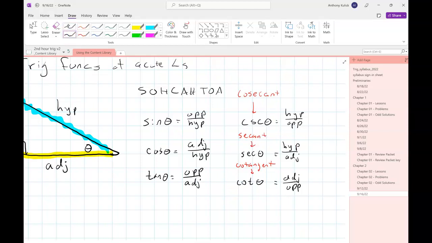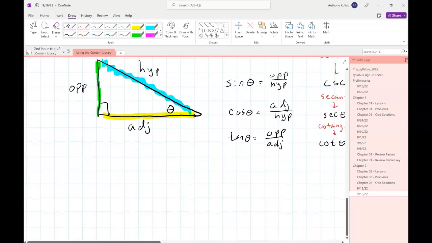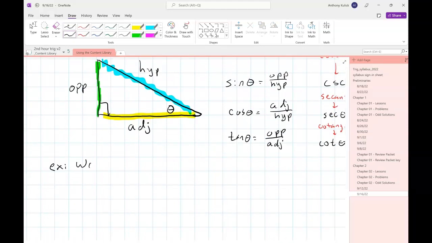Everybody cool? Cosecant, so just co and then secant, just like the other one.